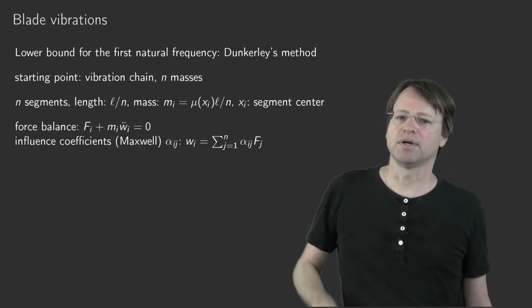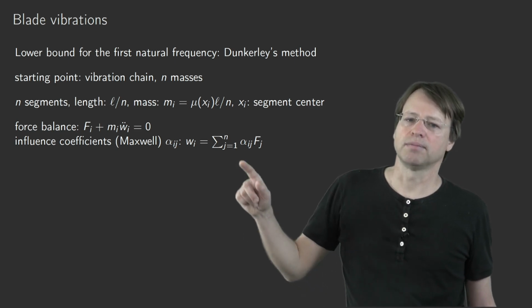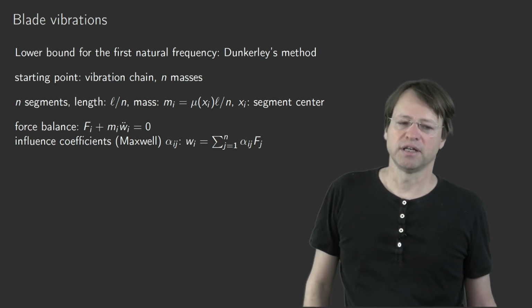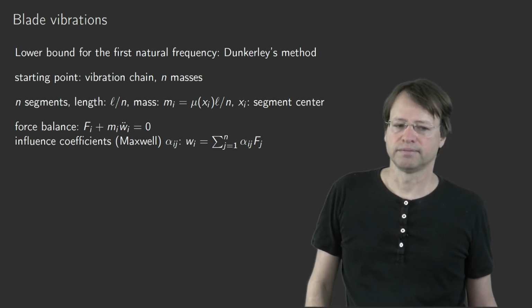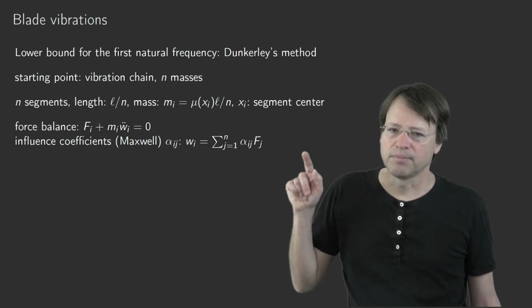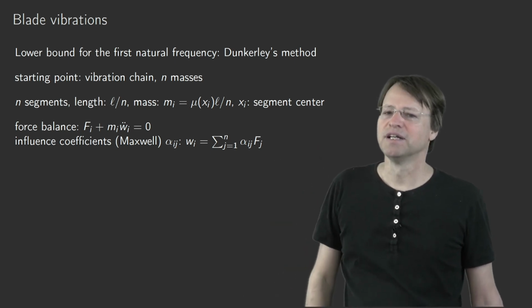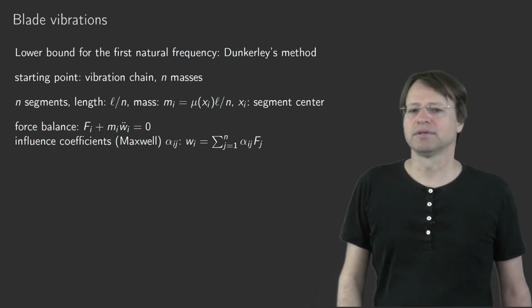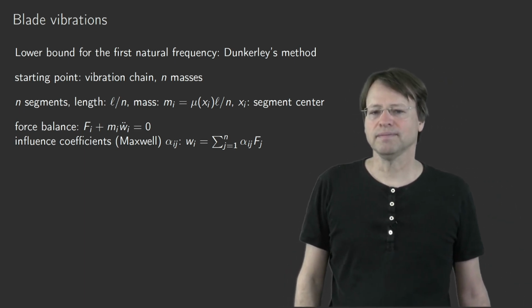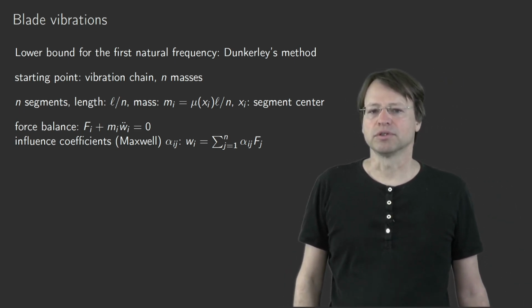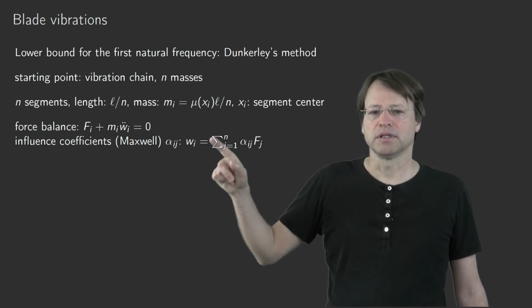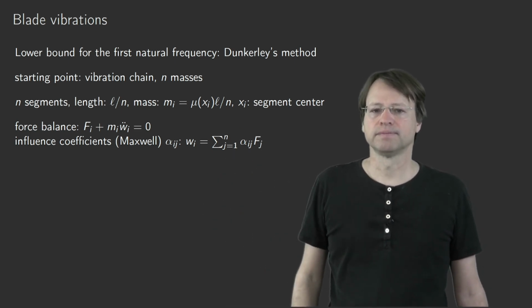So we have W sub i is equal to the sum from j equal 1 to n of alpha ij F sub j. And it's interesting, this will be the starting point for the equations of motion, because this is already the restoring force here.